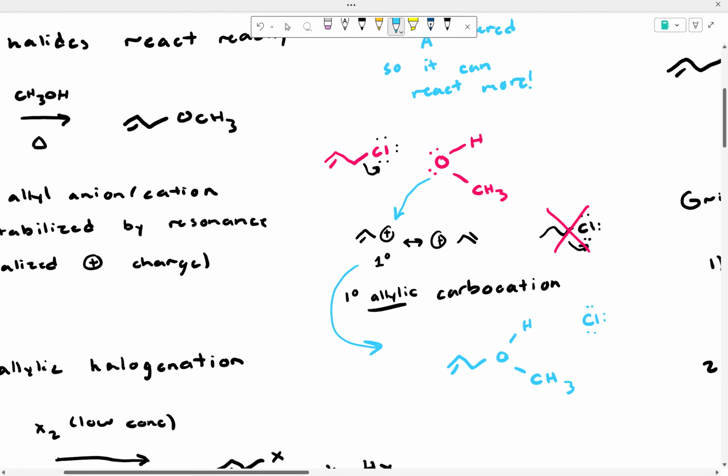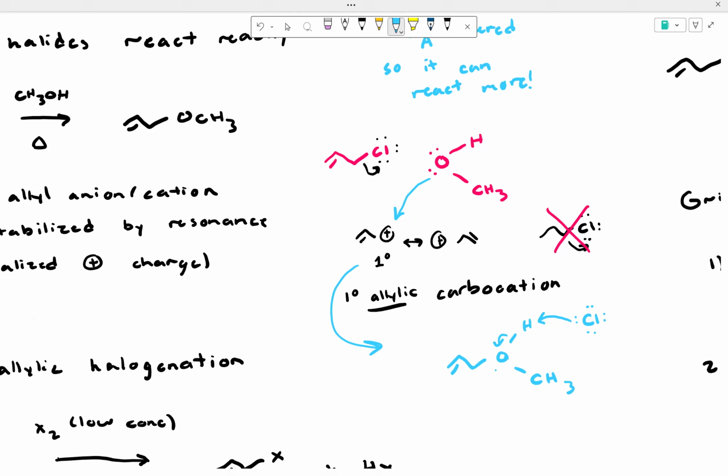In order to get our product, what happens is our chloride is a strong base, so it's going to take the hydrogen and deprotonate our oxygen and push electrons back.